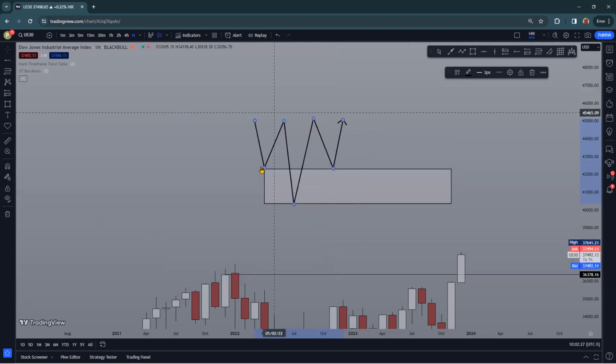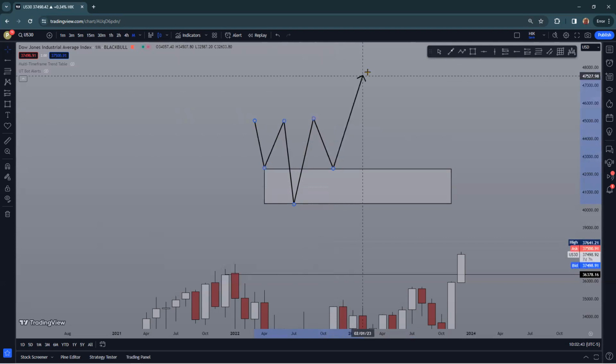Now, an inverted head and shoulders is a reversal pattern, which means you normally want to find this at the bottom of the market. That way, when you start seeing this develop, it's going to reverse and trend higher this way. And of course, it doesn't go straight up. It'll come back and go up, come back and go up. But this is what you want to look for in this particular strategy.